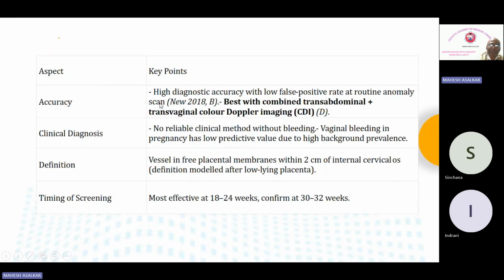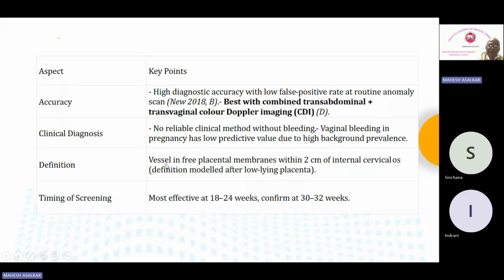Then what is the accuracy of diagnosis? There is high diagnostic accuracy with a low false positive rate with the routine anomaly scan, best with combined transabdominal and transvaginal scan with CDI, that is color Doppler imaging. Clinical diagnosis is not reliable. Vaginal bleeding in pregnancy has low predictive value because there are many causes of vaginal bleeding.